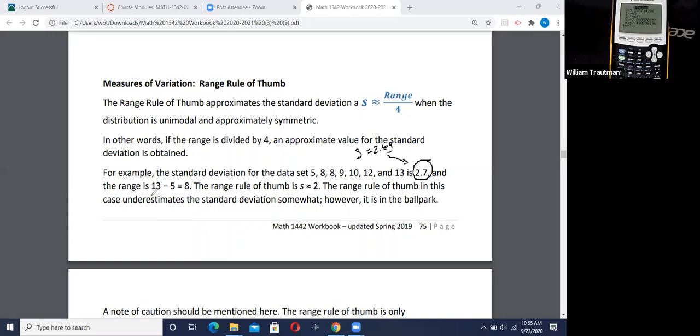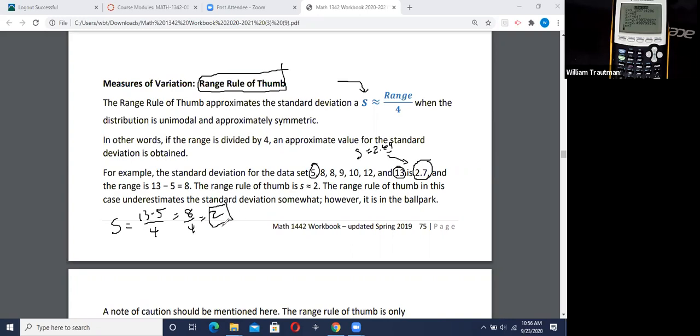Now, by the way, the range rule of thumb is not finding the range, it's finding an approximation for the standard deviation. So it is the range divided by 4. The range is the highest piece of data minus the lowest piece. 13 minus 5 is 8. 8 divided by 4 is 2.